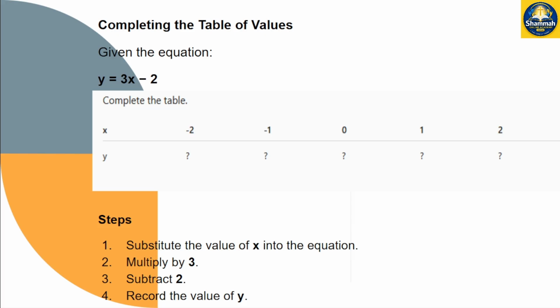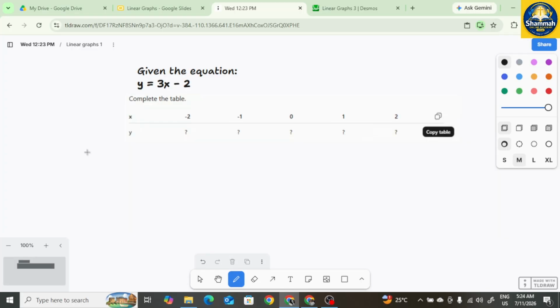The first step is to substitute the value of x into the equation, multiply by 3, subtract 2, and whatever we get becomes the value of y. Let's complete this table. The first thing we need to do is to write the equation, y = 3x - 2.